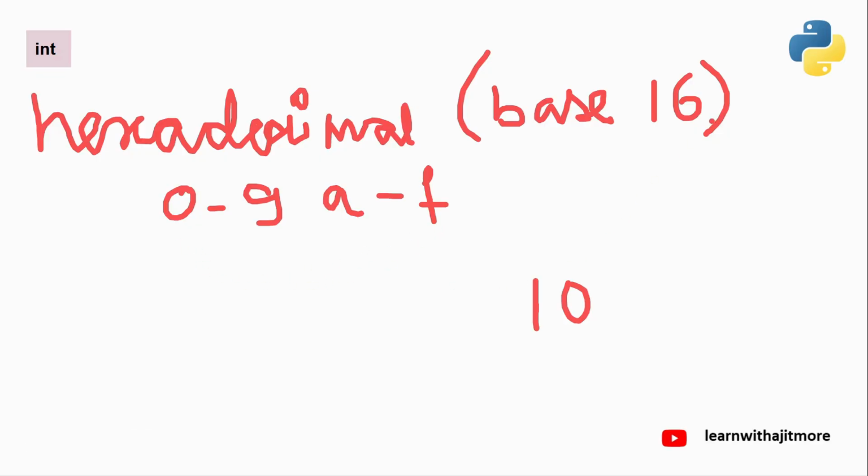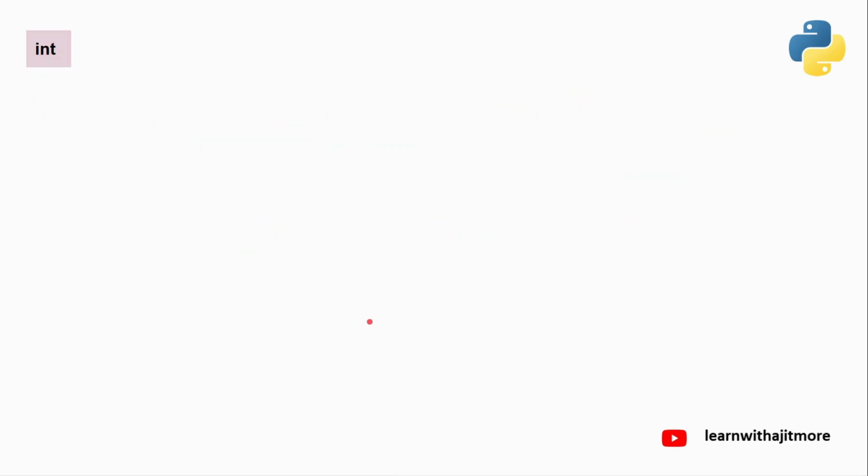So 0 to 15 makes how much total? 16. So you have to create a number by a combination of 0 to 9 and A to F. These 16 symbols are what the number is formed from, but it must start with 0x. X can be written capital or lowercase, it doesn't matter, but start with 0x and then any combination. Getting it? So here every digit will have place value as a power of 16, guys. That is the reason it's written as base 16.